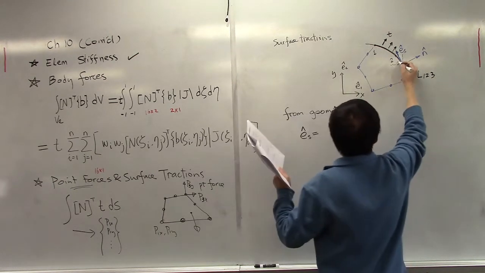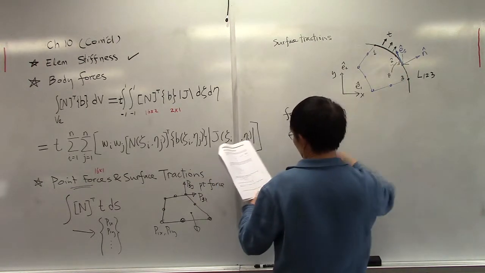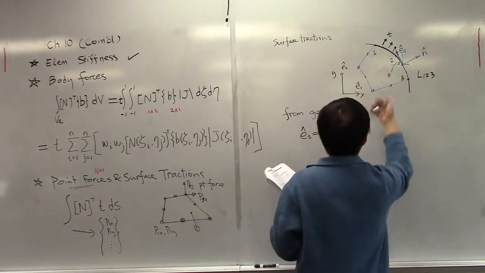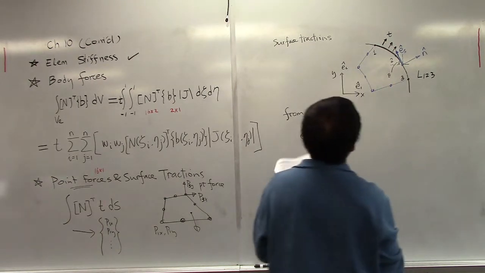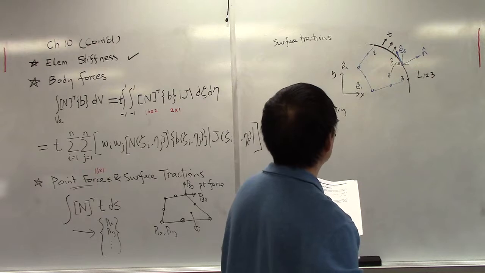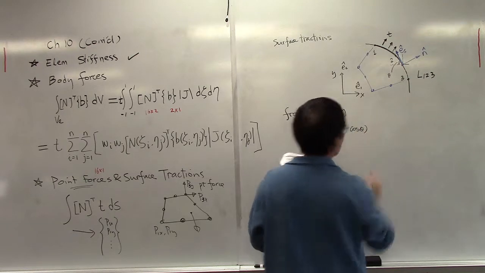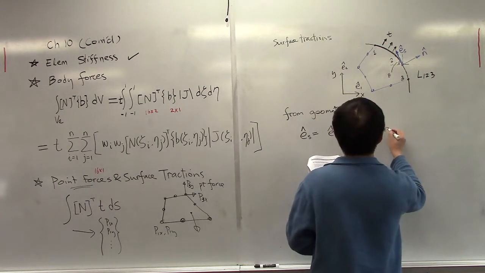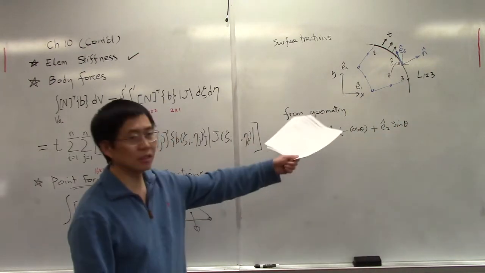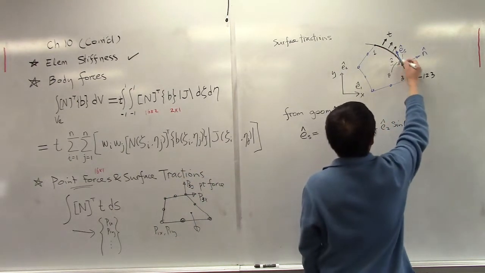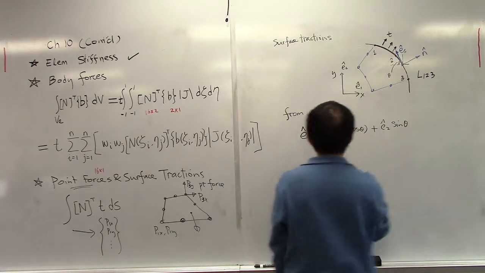Okay, let's call this angle theta. In x direction, it will have E1 times negative cosine theta plus E2 times sine theta, right? This is just geometry. This direction, if decomposed in x direction, has this component. In y direction, it has that component.